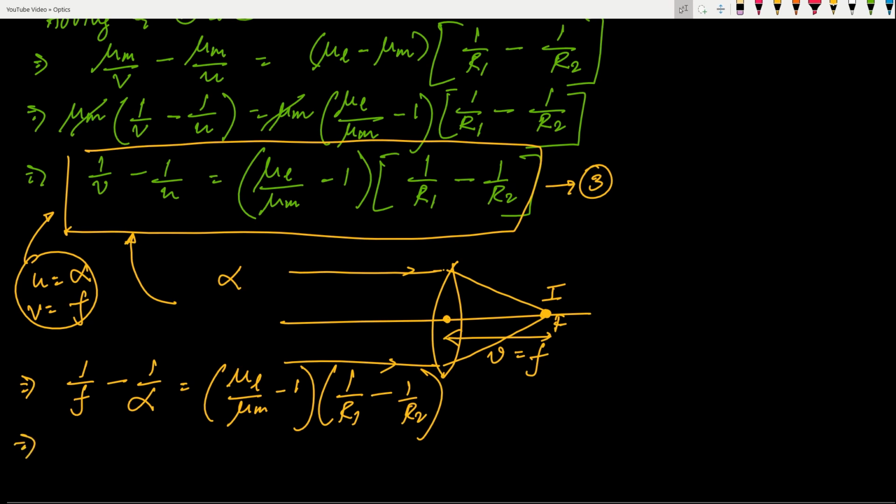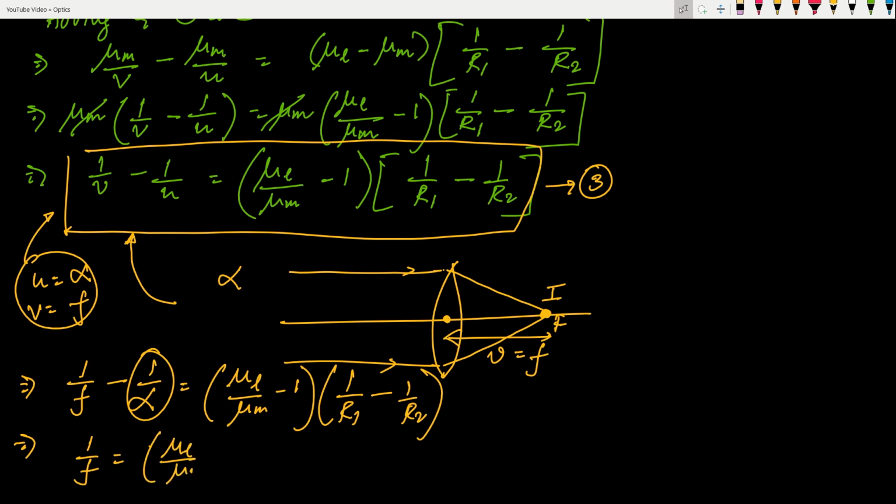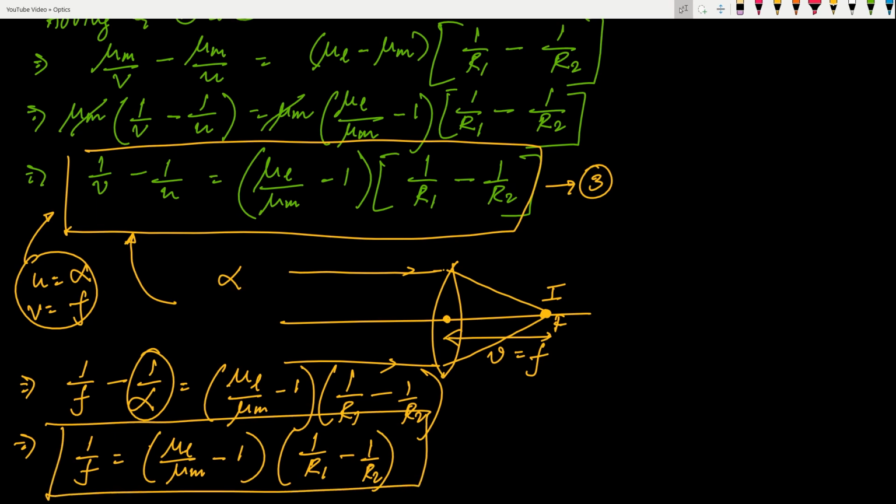Now 1 by infinity is 0, so we get 1 by f is equal to the refractive index of the lens divided by the refractive index of the medium in which the lens is kept, minus 1, multiplied by 1 by R1 minus 1 by R2. This is our final equation, equation number 4, and it is known as the Lensmakers formula.